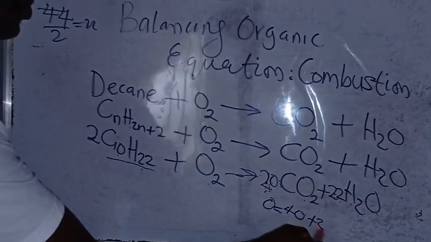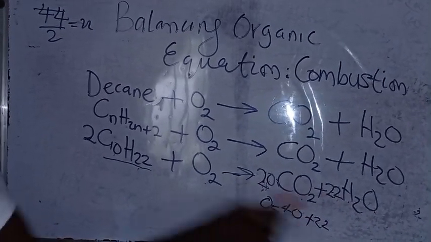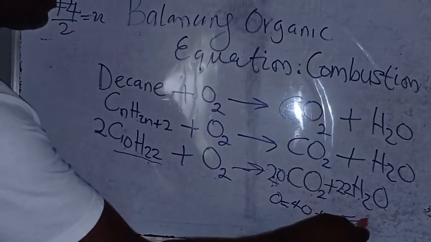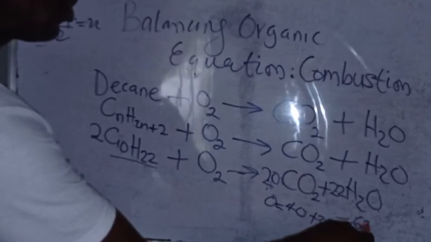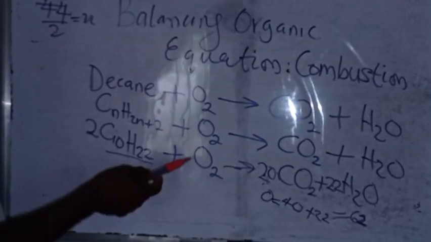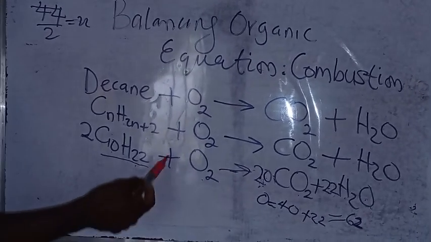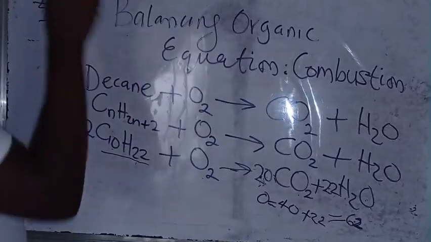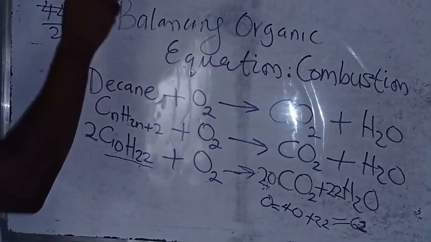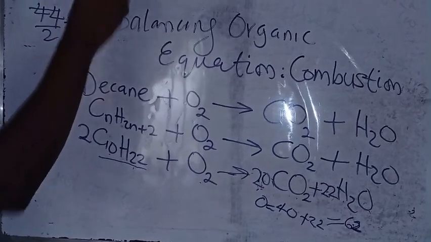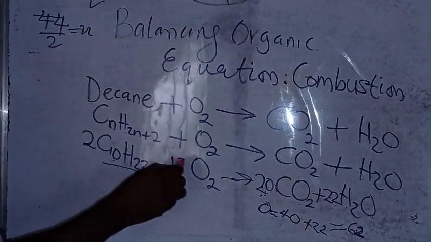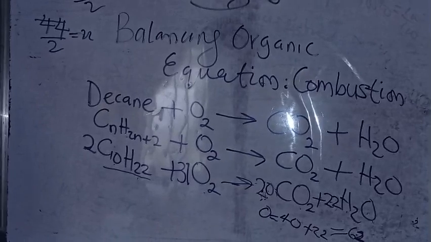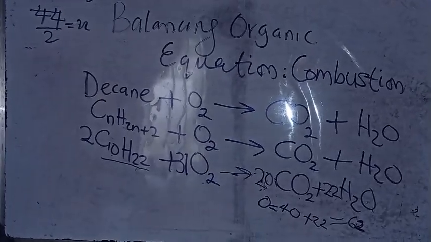So 40 plus 22, what do we have? 62. But at this side we have just 2. So what do you multiply by 2 that will give you 62? You simply divide this one by 2. That is 31. So I will put 31 here. Then the equation is balanced.